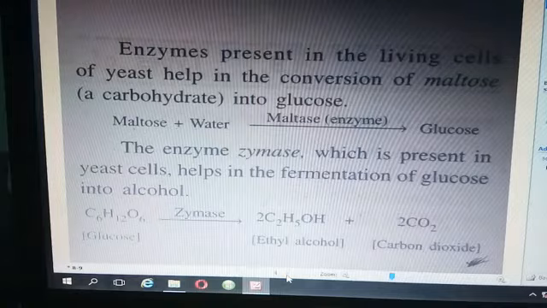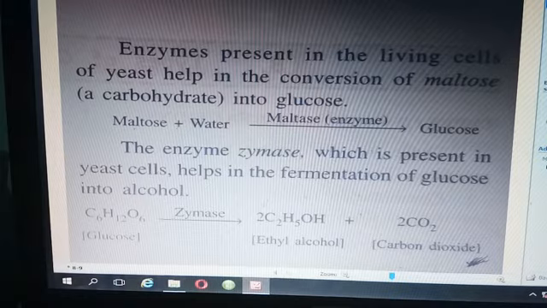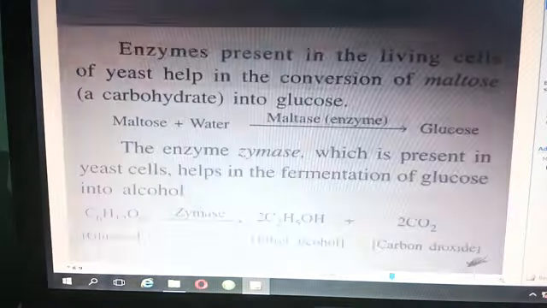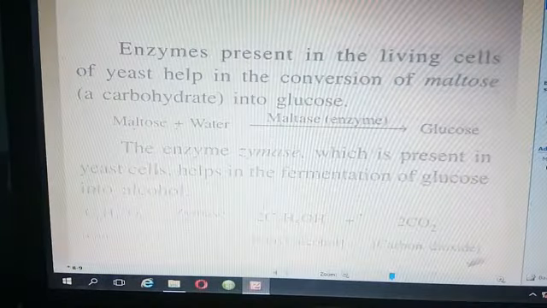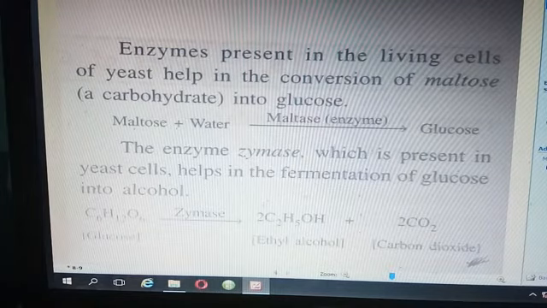Then enzymes present in the living cells of yeast help in the conversion of maltose into glucose. Yeast, I think you have heard of yeast. Yeast reproduces by budding.